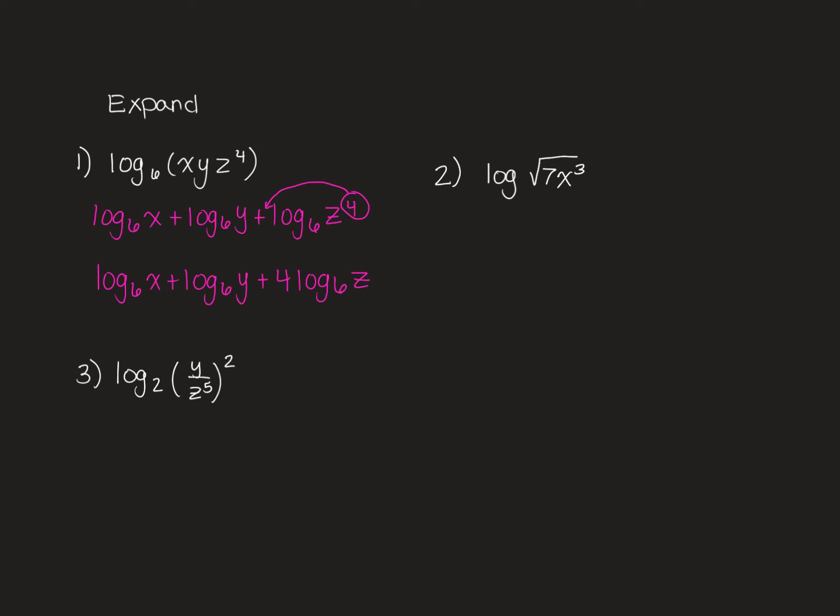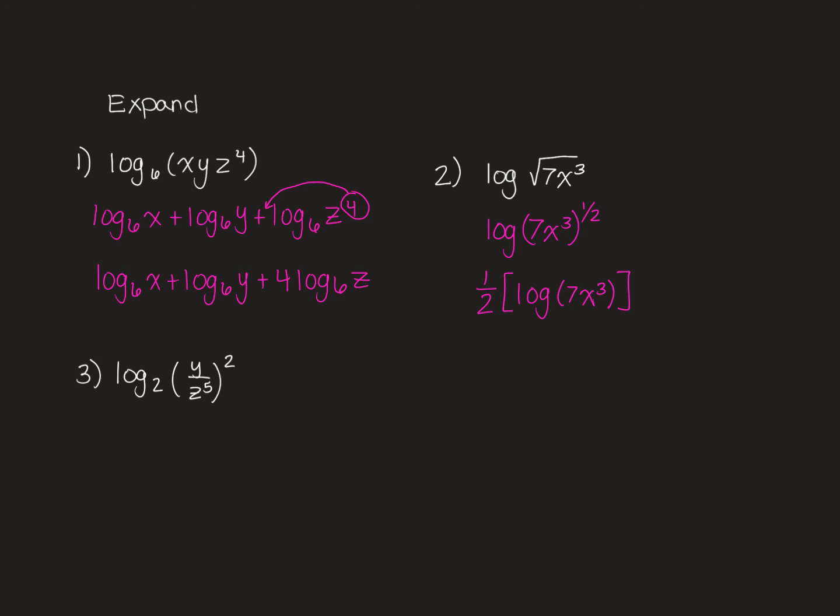Let's look at number 2. We have log base 10 of the square root of 7x to the 3rd. So I can actually rewrite that square root as a rational exponent. So this is 7x to the 3rd all to the 1/2. So that 1/2 can come out front, and we will have log of 7x to the 3rd.